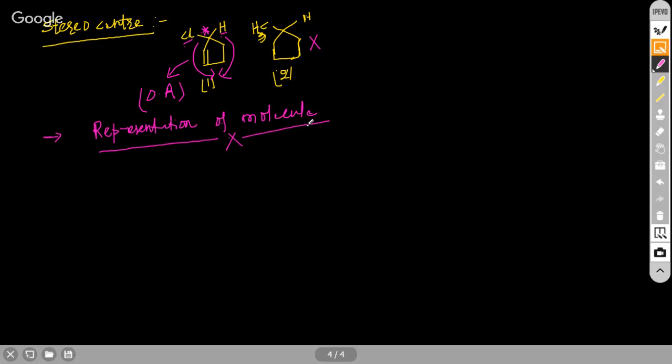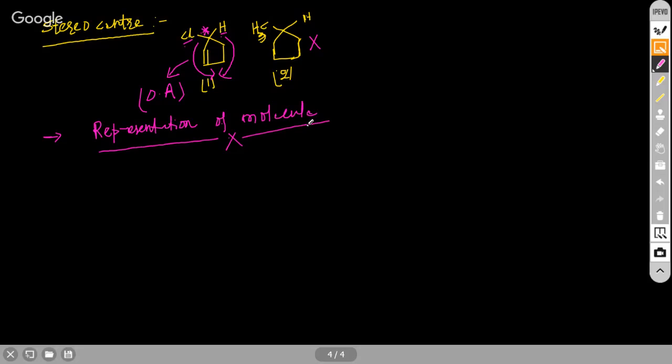Then what is the theoretical way to find out the behavior of a molecule towards plane polarized light? That is chirality, which we have discussed. Now, one optically active compound can rotate plane polarized light in the clockwise direction, and another can rotate it anti-clockwise. So how do we know whether a given compound rotates clockwise or anti-clockwise? That is what we are going to understand now.